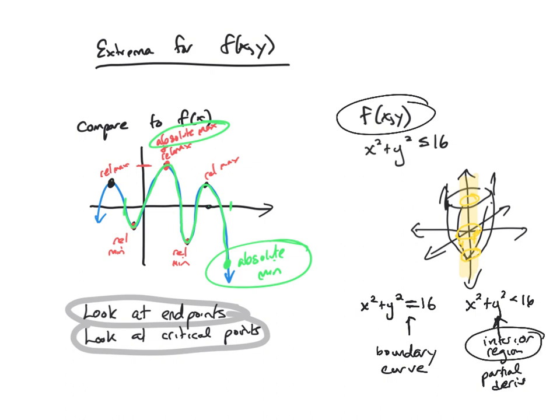Because if there's a critical value for my function outside of the region in question, I don't care about it for this particular topic. So we'll be looking at partial derivatives for the interior of the region, and then our top candidate for what we do on the boundary is going to be Lagrange's theorem. And so that boundary is when we have the equality.